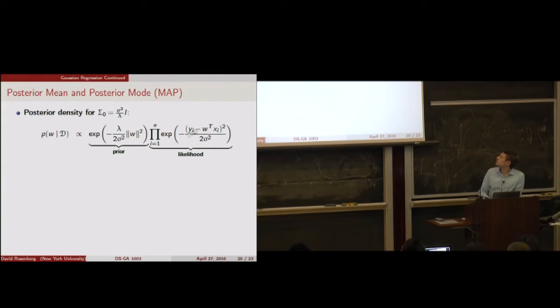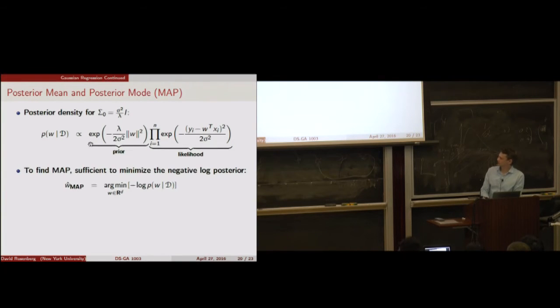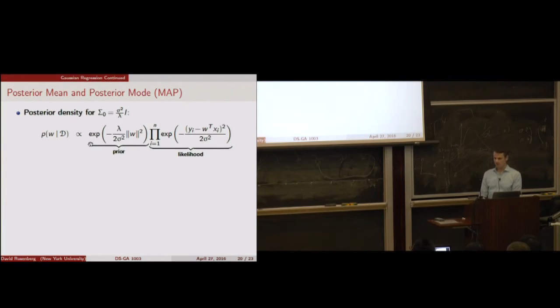So if we maximize just this likelihood piece over W, that's the maximum likelihood. So they're not the same. If we maximize this entire expression over W, that's the MAP, the maximum of the posterior distribution. If we maximize just the likelihood piece without the prior, that's maximum likelihood.